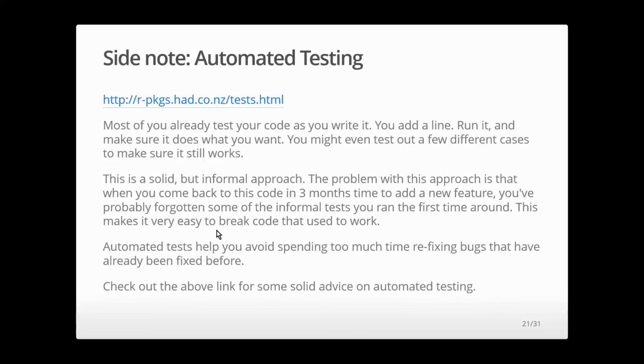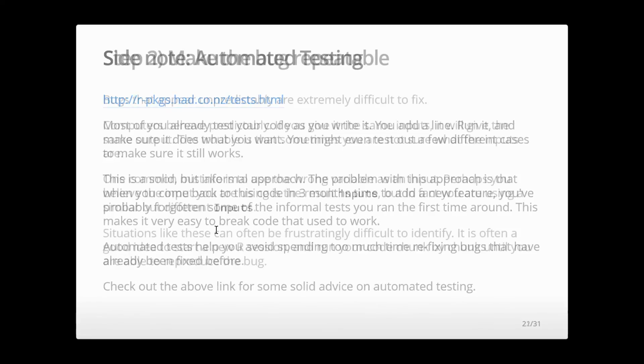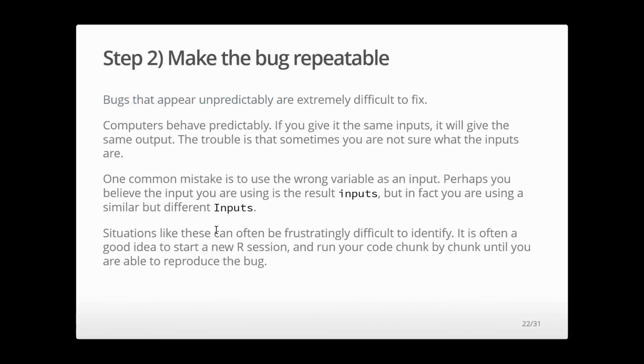But later on, 2 weeks later, something else changes, and this other code that you thought was working perfectly now suddenly needs to be changed. You want to have all of that. Okay. All right, making your bug repeatable. All right.